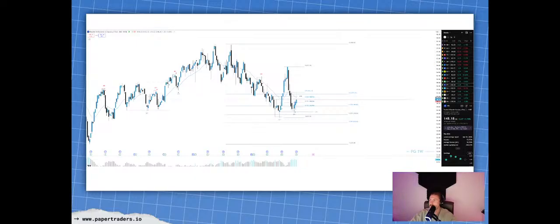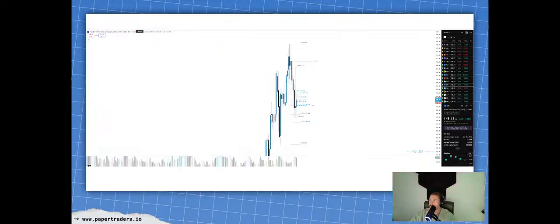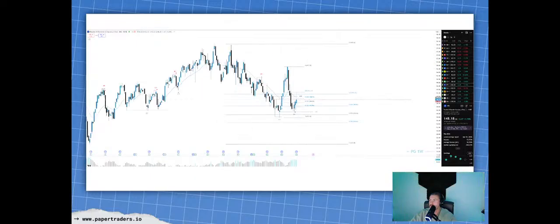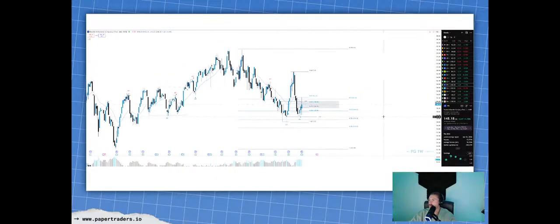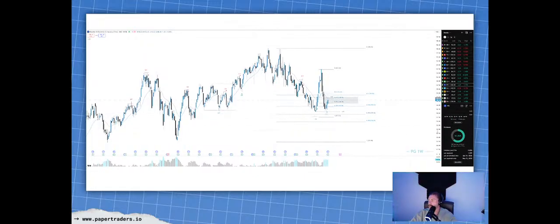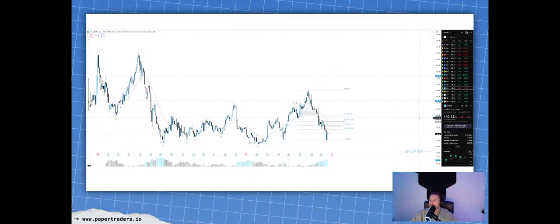PG previous monthly low has been swept. Previous quarterly low has not been swept. Weekly is a little wacky, but we would need to break this fair value gap that we're just kind of inside of right now on the weekly time frame. We'll have to see a break of that. Still holding the consolidation here as well.